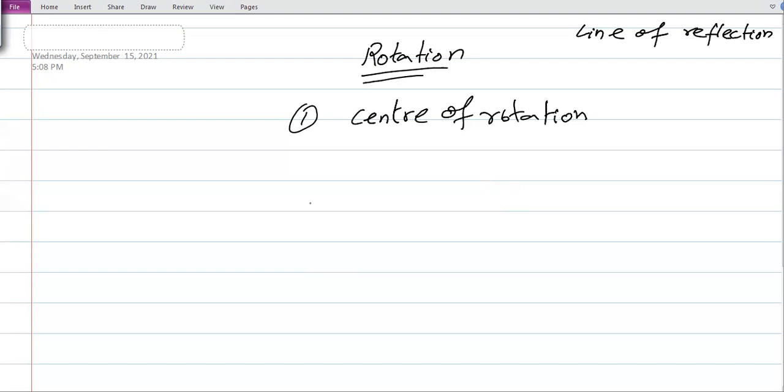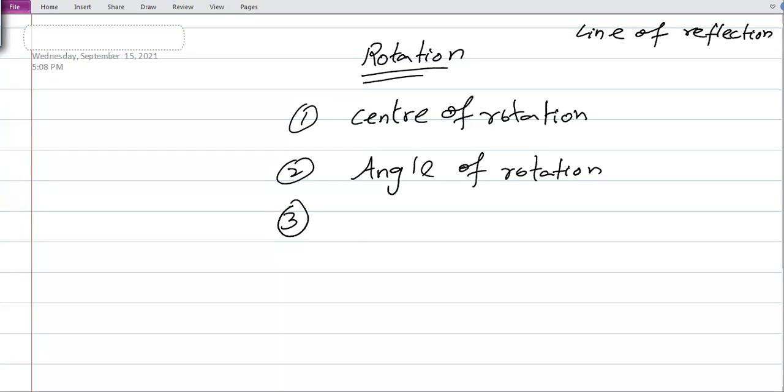Second thing, we need the angle of rotation, meaning through which angle it rotated. And the third thing we will need for rotation is to do the rotation under these conditions, meaning the actual rotation, performing the rotation, you can say.